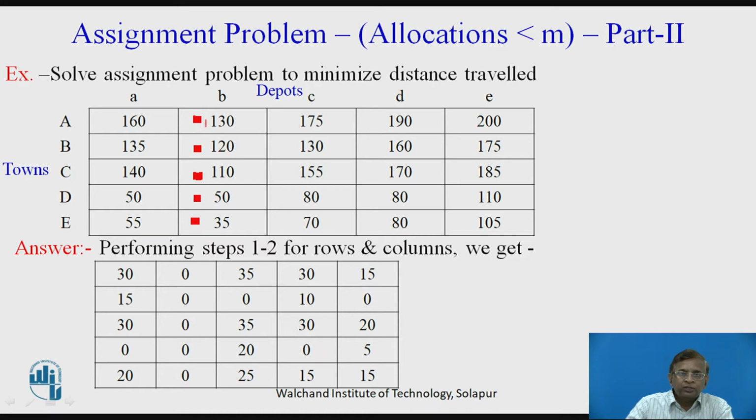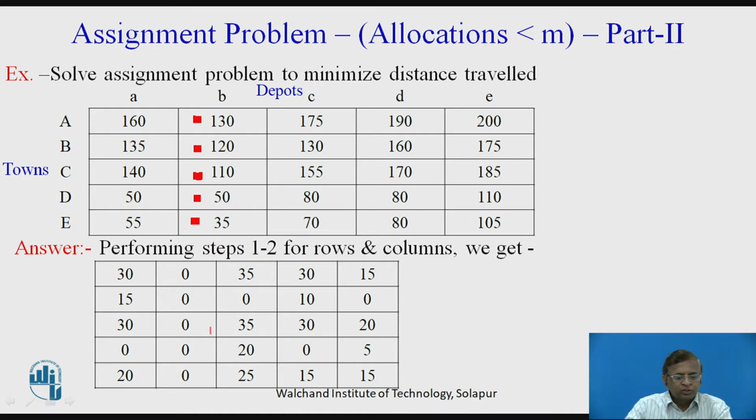So 130 is the least element of the first row that we subtract from all elements of that row. We get 160 minus 130, which is 30 here in the left bottom table. Then 130 minus 130 is 0. That is how we have to repeat the procedure for all rows and then all columns also.